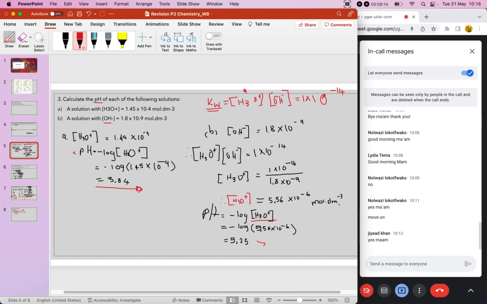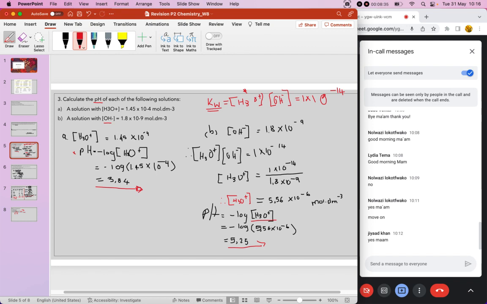From here you go to your pH equation, substitute that concentration, and you will get your pH to be 5.25.